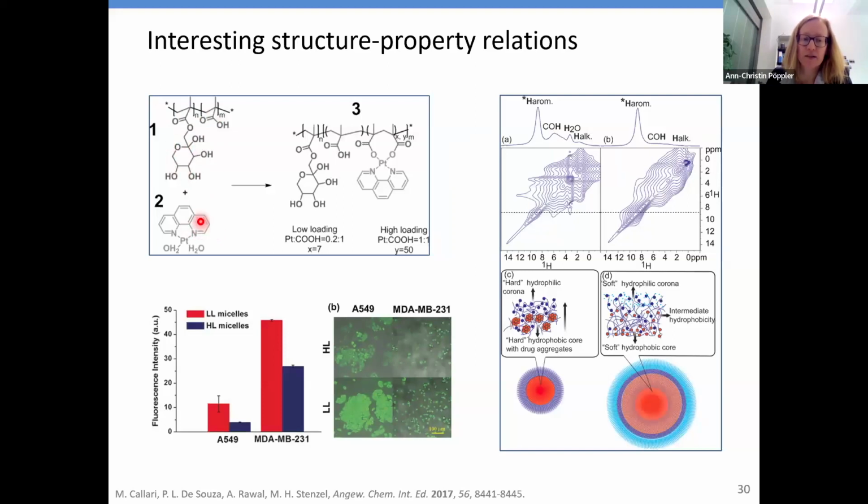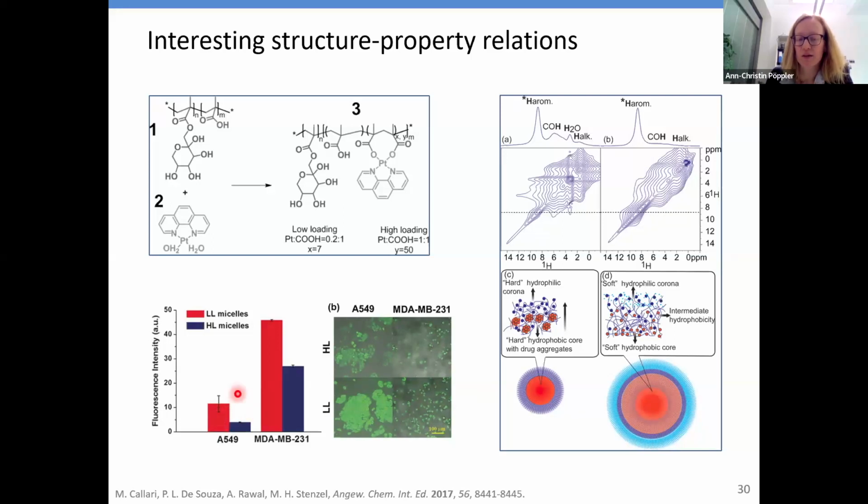And she was incorporating a platinum drug inside of the micelles that this polymer can also form, but completely attaching the drug to it. And then she studied how well, at different amounts of drug loading, these formed micelles are taken up by cells in a biological setting.